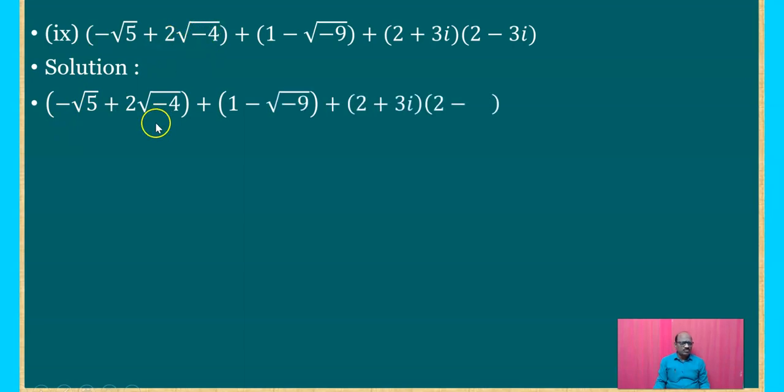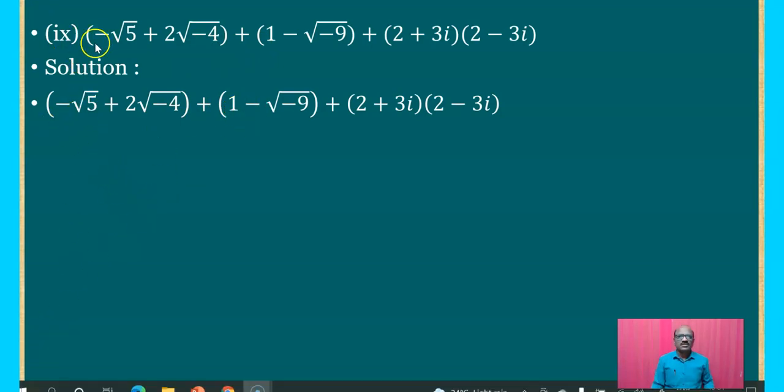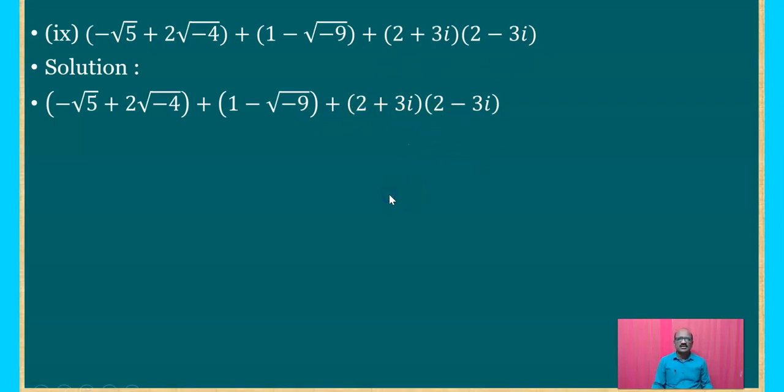Now this is minus root 5 plus 2 into root of minus 4, plus 1 minus root of minus 9, and the product of these two brackets, first bracket 2 plus 3i into second bracket 2 minus 3i.